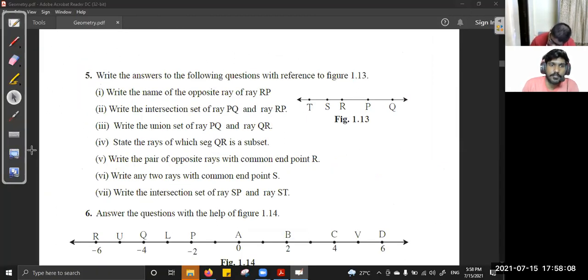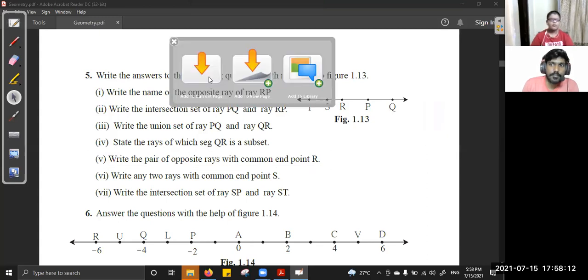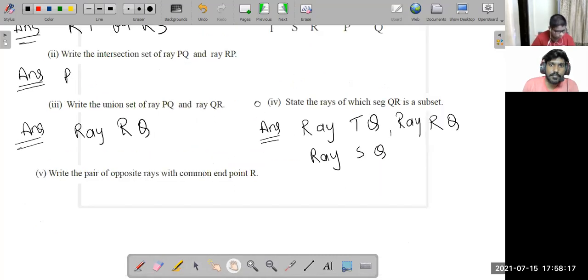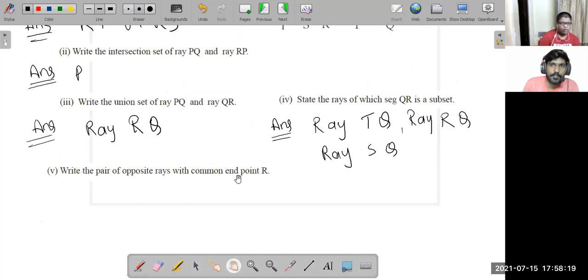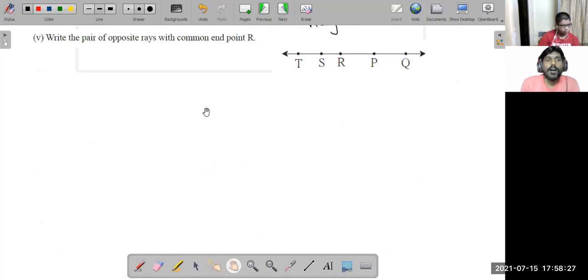Fifth one. Write the pairs of opposite rays with common end R. So with common end R, you have to write all the pairs of opposite rays.